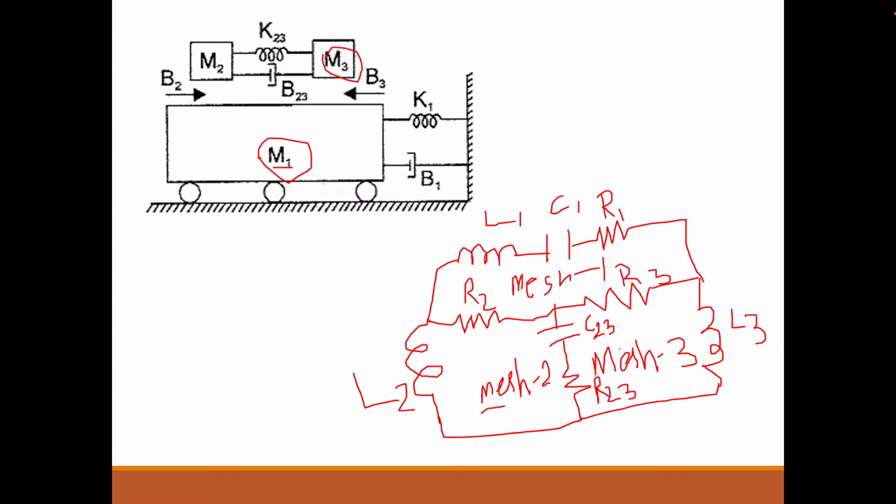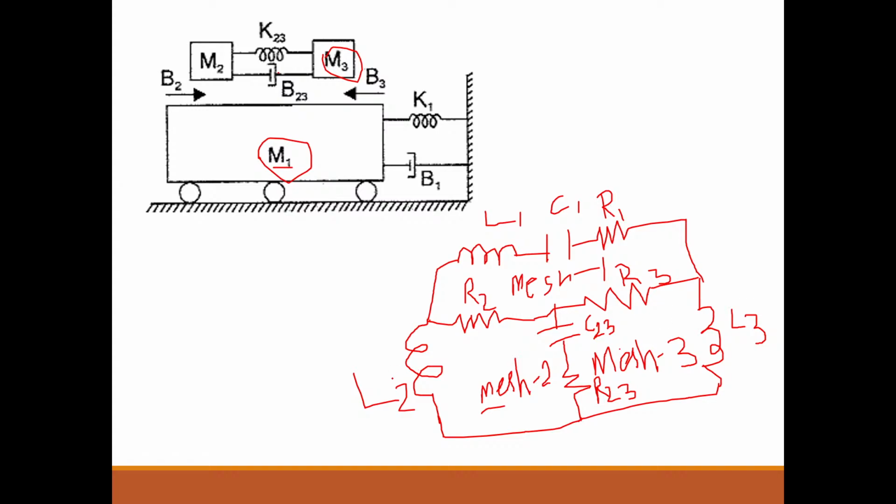Since this is KVL, we have to consider the loop equations, isn't it? We have to write the loop equations now. Here, instead of velocity, you should write current.